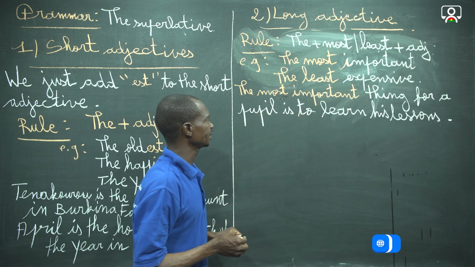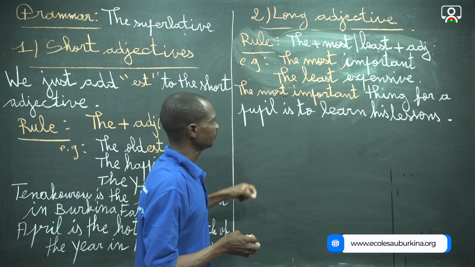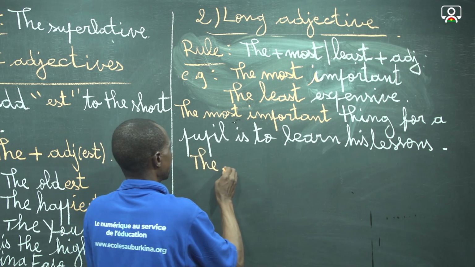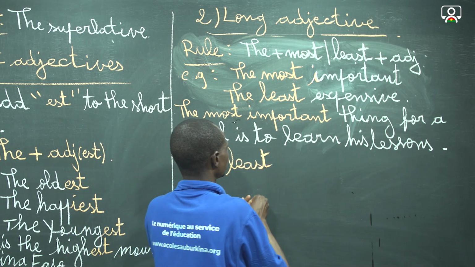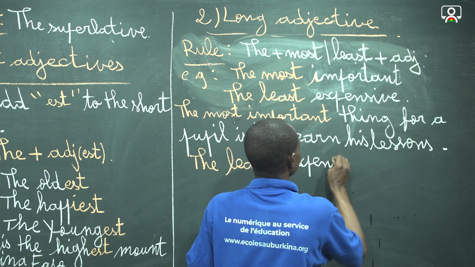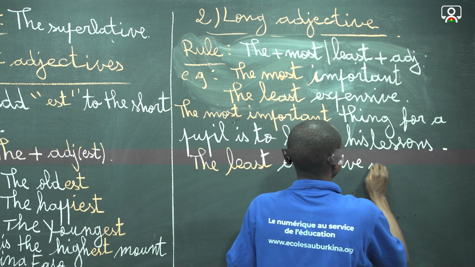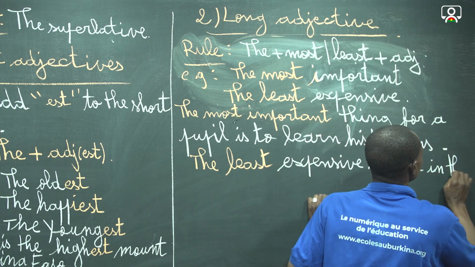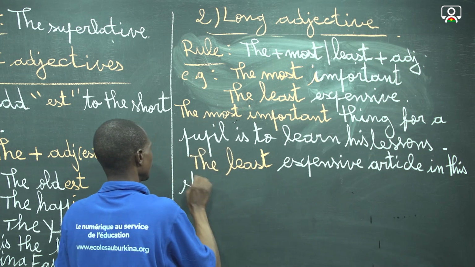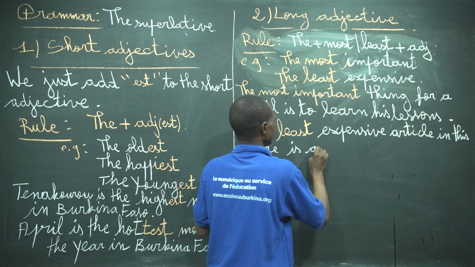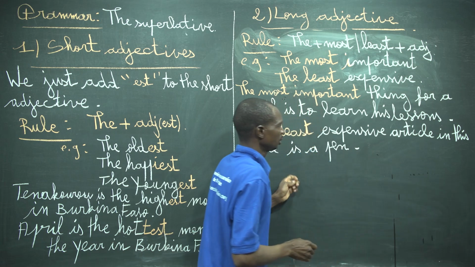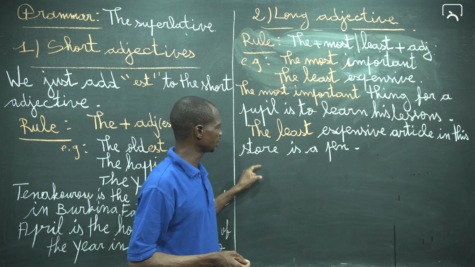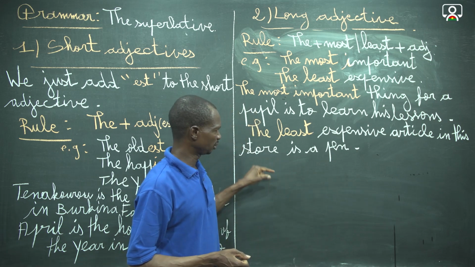Now we are going to contextualize the second example. The least expensive article in this store is a pen, which means in French l'article le moins cher dans cette boutique est un stylo.